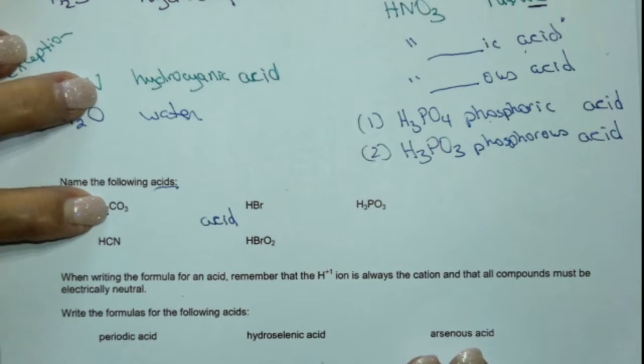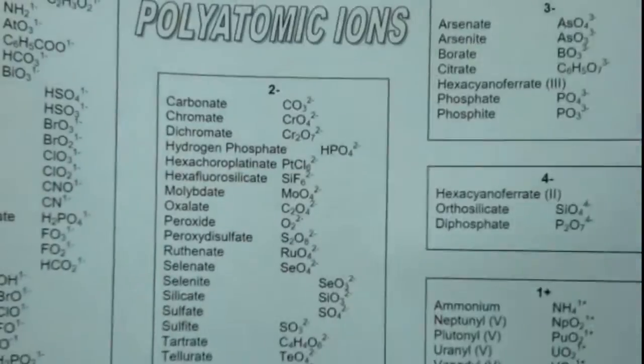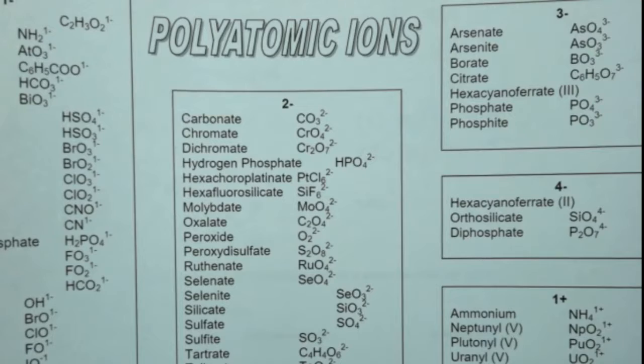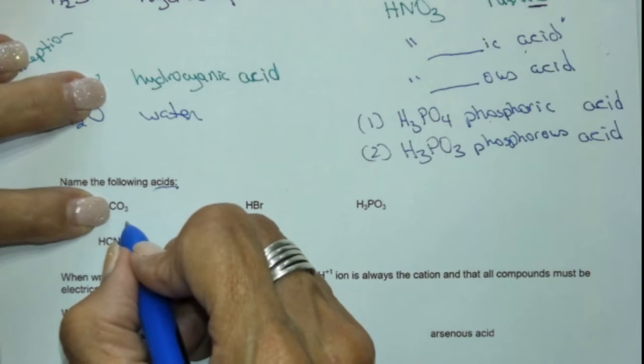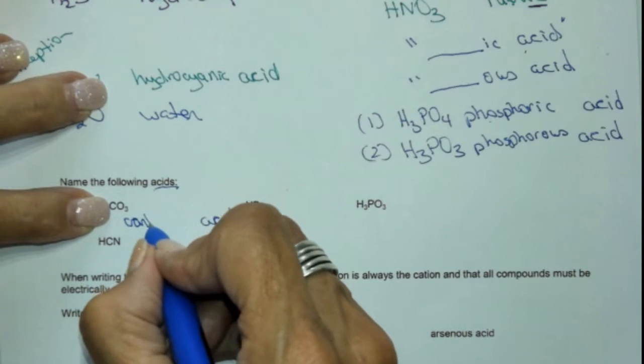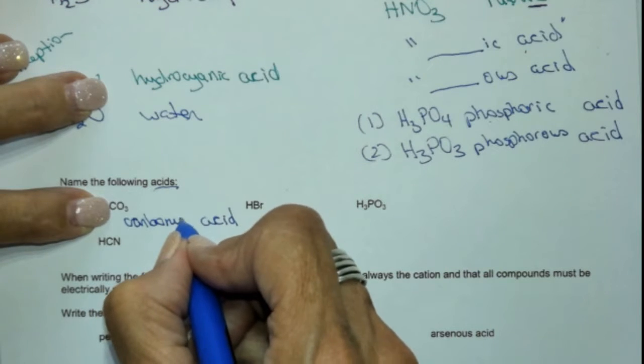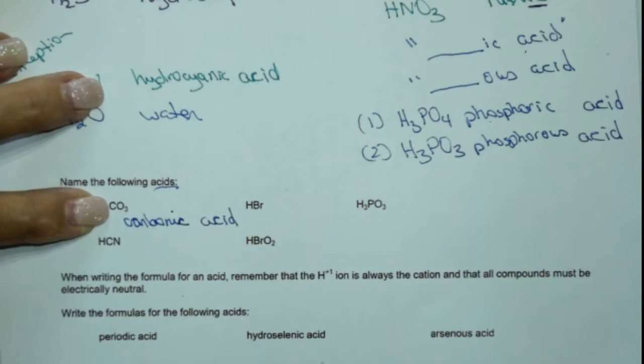I'm covering up the H. I'm going to look up CO3 on a polyatomic chart. These are not individual elements. These are combined. I see this is the first one in the second column, carbonate. Carbonate is changed to carbonic. So this is carbonic acid because it's a polyatomic.